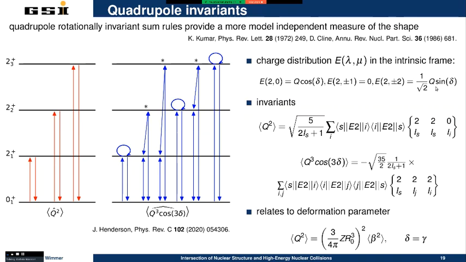So the charge distribution is parameterized, or written, as these invariants, or the values of Q and delta, and they can be accessed. So this Q invariant can be accessed, let's say for the ground state, by taking loops through here. From a state you excite to an intermediate state, and you go back to the ground state, and you have to sum this over all of the states in the nucleus.